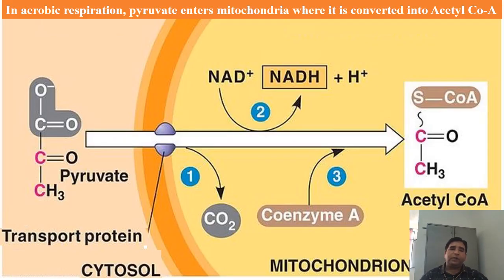In the next step, the pyruvate enters the mitochondria from the cytosol, and it is converted into acetyl coenzyme A. In this process, it releases a carbon, and it also reduces NAD into NADH.